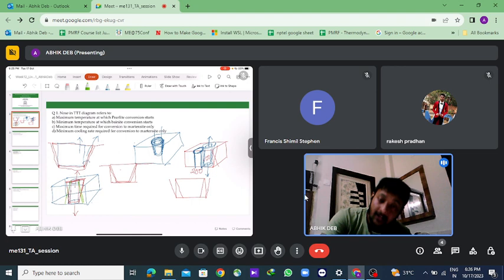Why? Because it will shrink in this direction, so that after shrinkage this region becomes this region. So actually we will be reducing the side, isn't it? Yes, outside we have to increase the dimension, and inside the diameter we have to reduce.